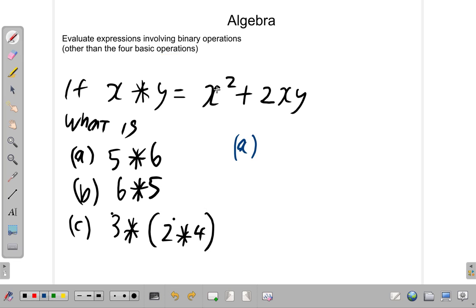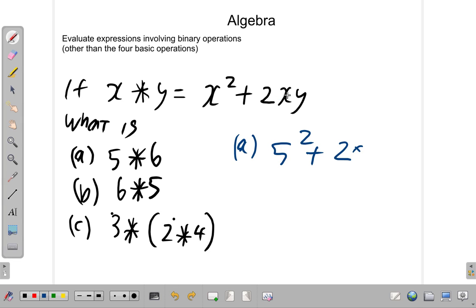So x squared, x first, so you start with 5 squared, plus 2 times x. I didn't bother to put a multiplication sign here because it's between number and letter, but it's going to be number and number now, so you have to put it.